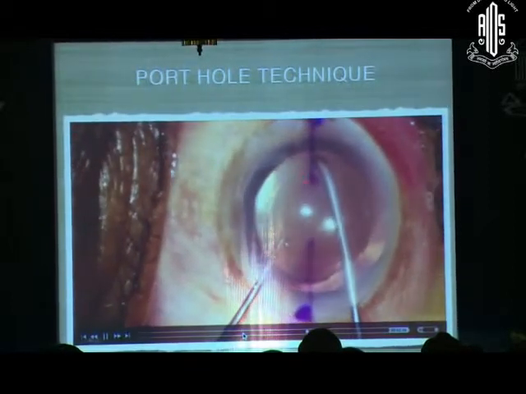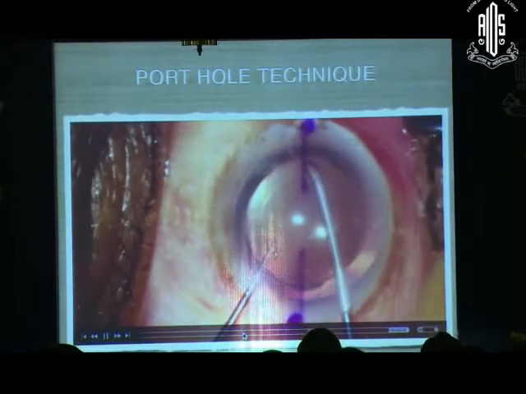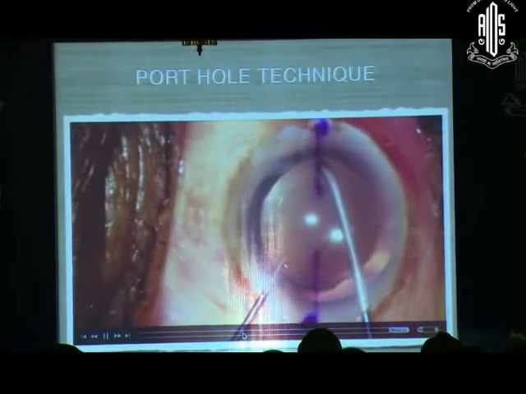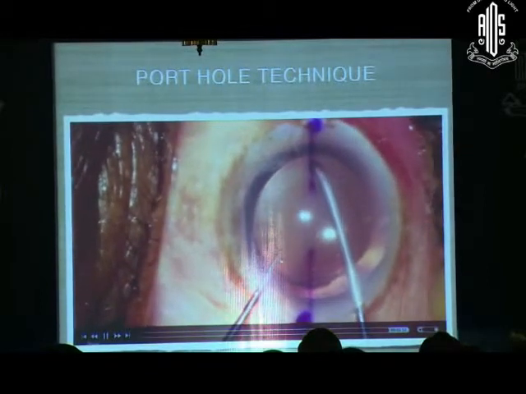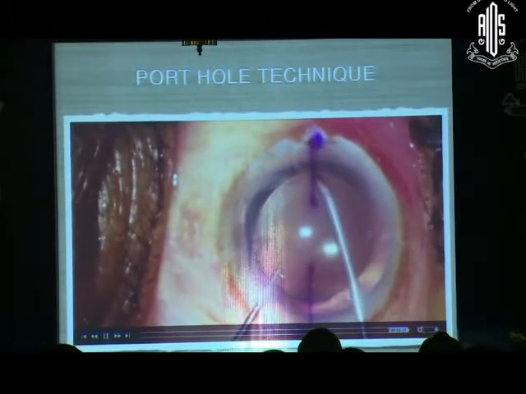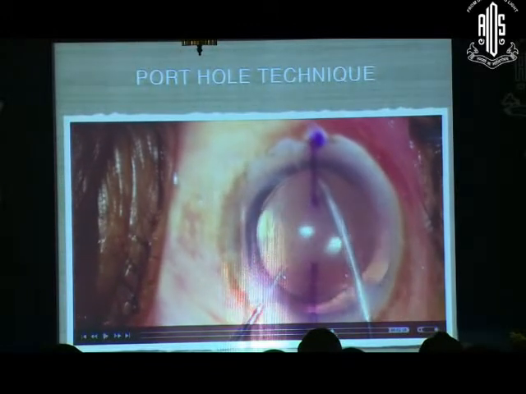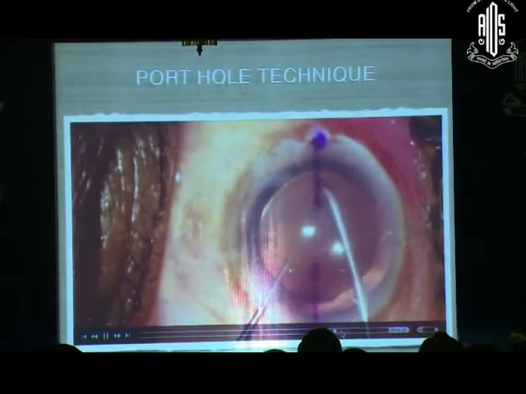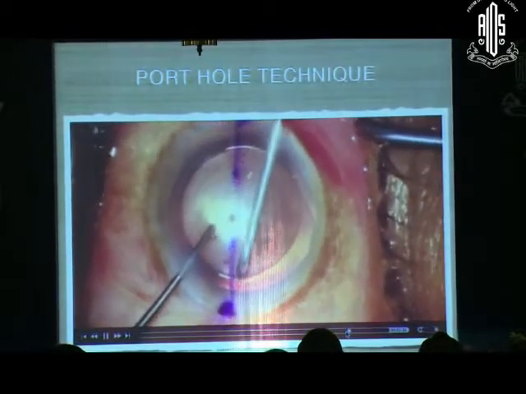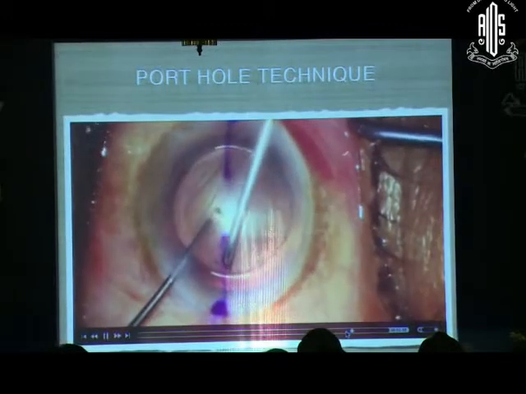I go over the outermost mark and make a very tiny hole there. Then I go on the other side as well and make a very tiny hole there.